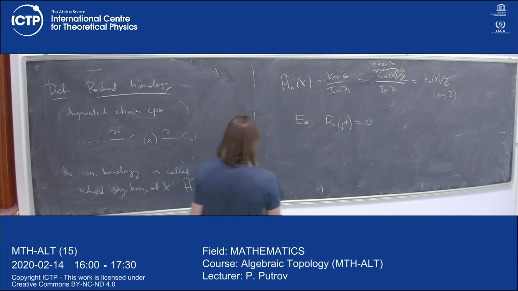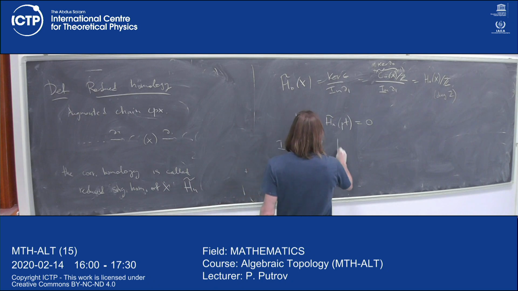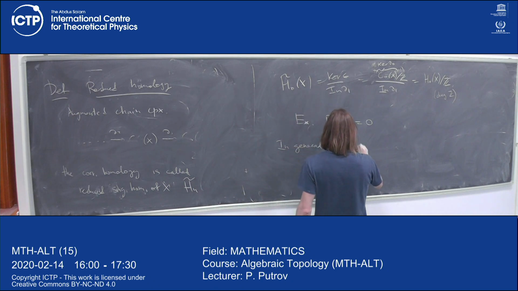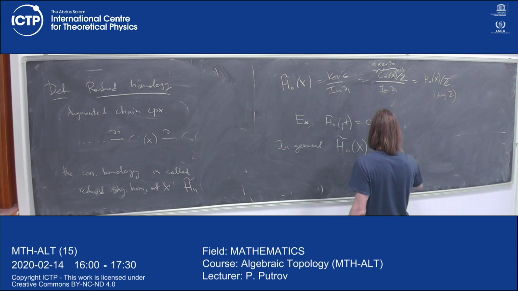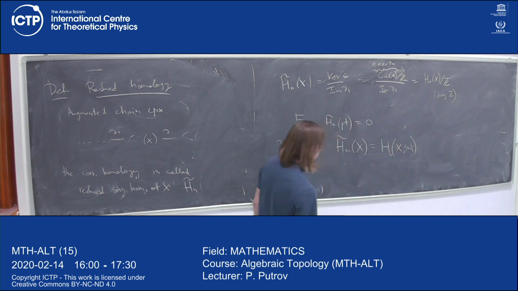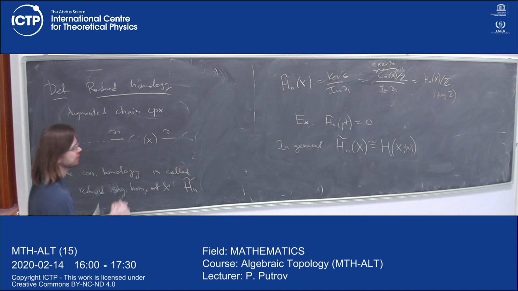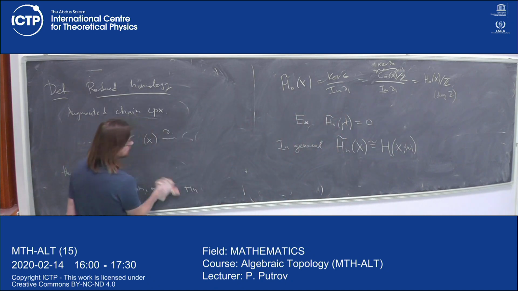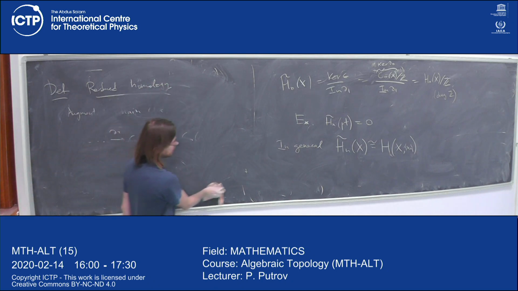So in general, the reduced homology of X is isomorphic to the homology of X relative to some point inside of X, but this isomorphism is not canonical if X has several path-connected components.